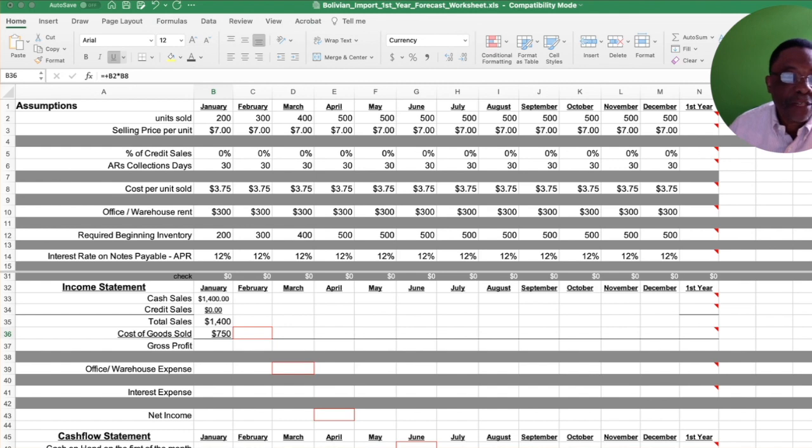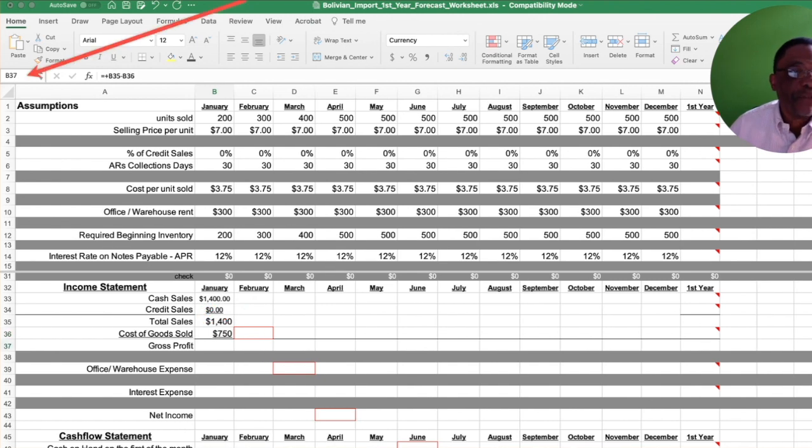Now that we have our total sales and our cost of goods sold, we can calculate gross profit for January. Gross profit is going to be total sales minus cost of goods sold. Gross profit is in cell B37, and here's the formula in cell B37.